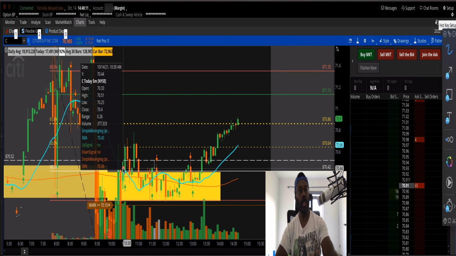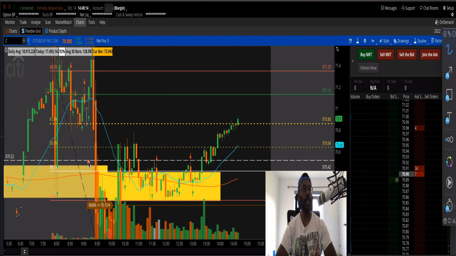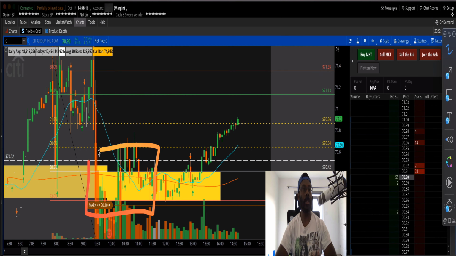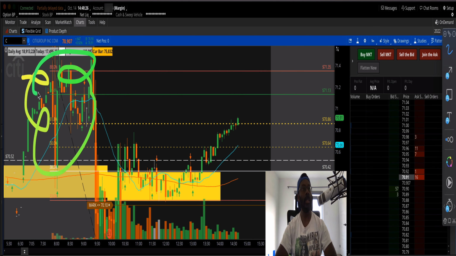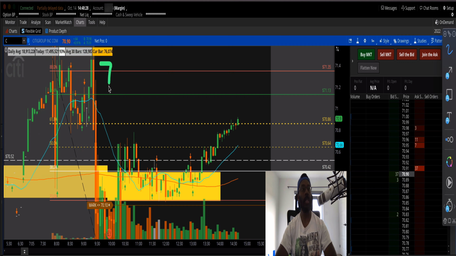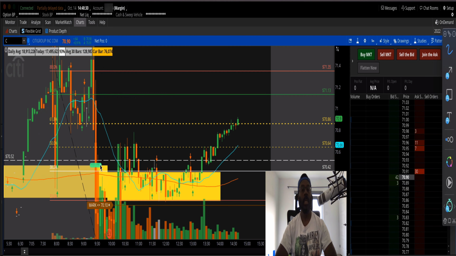So what happened with Citigroup? Well, I drew two boxes today because the close was a little bit wonky yesterday and my box was out of proportion yesterday. But this is pre-market. You see all this stuff right here. This is the high. So look at what happens here. When this opened up above the box, but it opened up red.